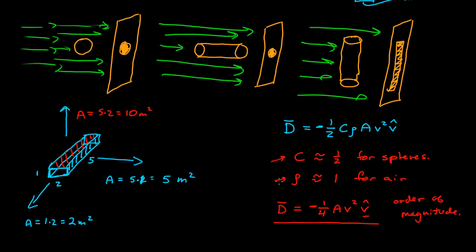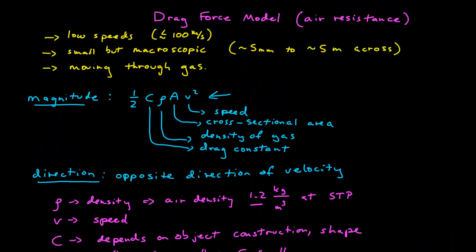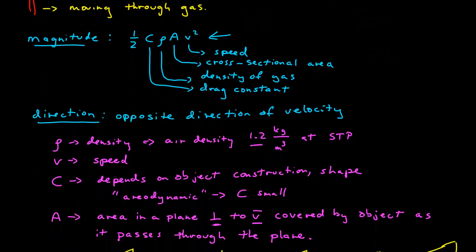Oftentimes you may only be getting an order of magnitude estimate for what the drag force is anyway, and you can use this more simplified expression. All right, so for the drag force, remember, even this model only applies under these conditions: low speeds, small but macroscopic objects, and going through a gas. And then you can find these parameters to find the magnitude, and it always opposes the velocity.